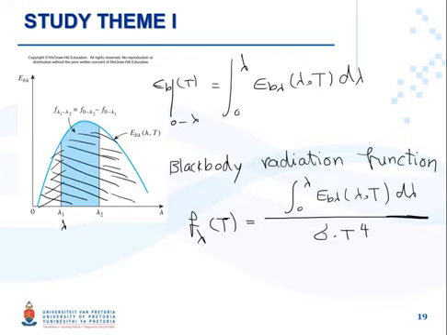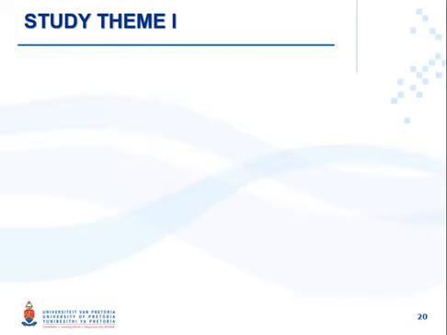So you might ask, what if we have two intervals? We are not interested between 0 and lambda, we are interested between lambda 1 and lambda 2. For that one, we use the same concept. So we say that the black body radiation function F lambda 1 minus lambda 2 T.